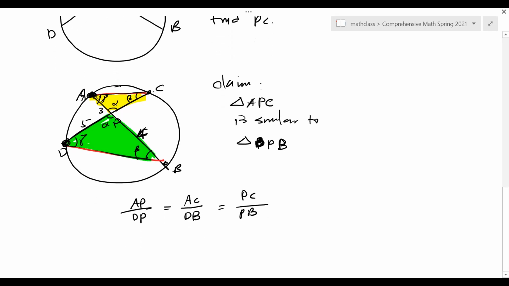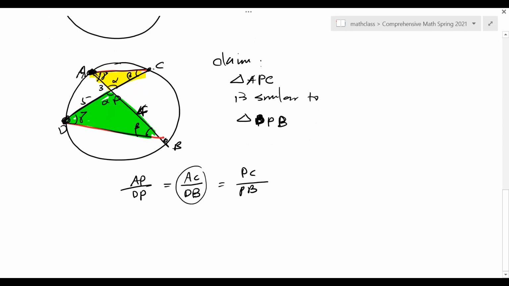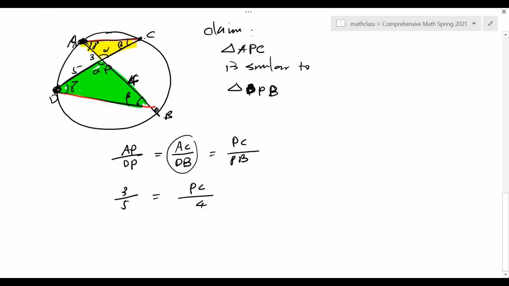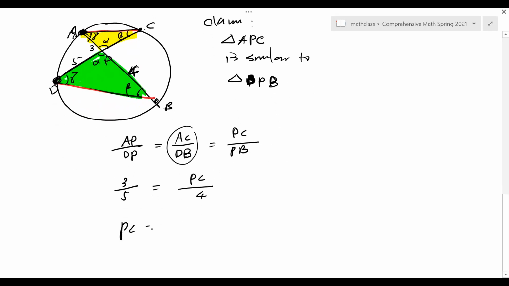So we don't need to know this part. But AP is 3 over 5, PC we don't know, and PB is 4. And PC is going to be 12 over 5, right? So you find the answer.